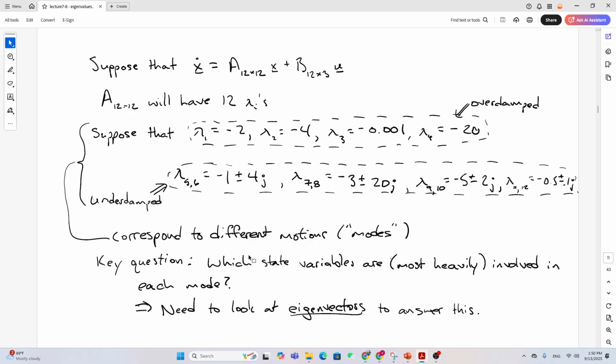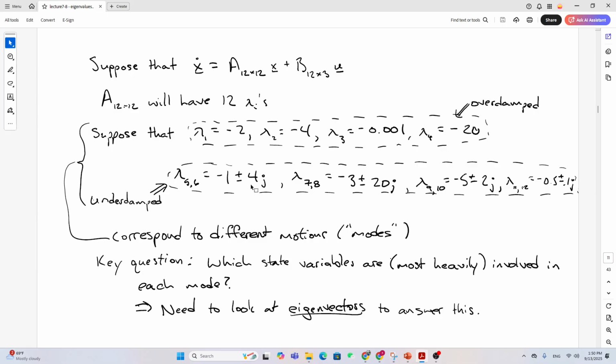Let's use an example. Say you have a 12 by 12 A matrix, where you will have in total 12 different eigenvalues, right? Lambda 1, lambda 2, up to lambda 4 are all real numbers less than 0. We consider this an overdamped system because you don't have this characteristic oscillation frequency at all.